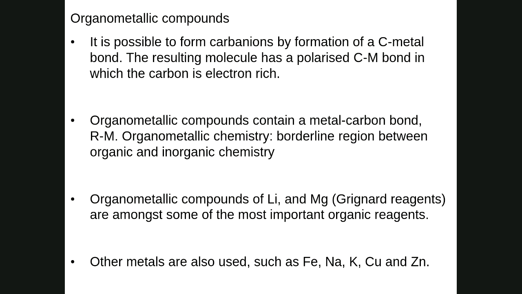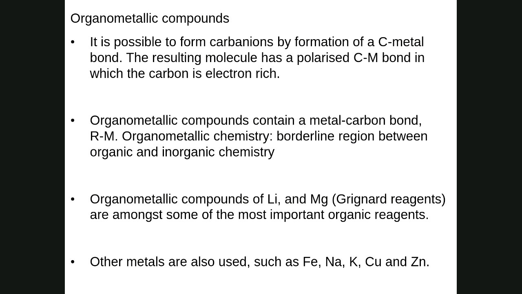And what you end up with is a very polarized bond, sometimes verging on the ionic, and we will explore that further along this presentation. This carbon-metal bond is very polarized, and the environment of the carbon is electron rich. So it's not shouldering the burden of a negative charge.